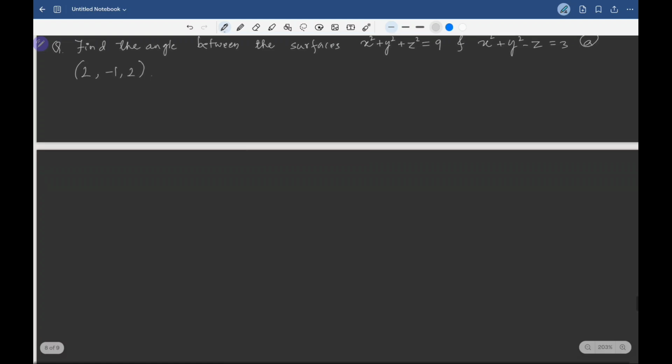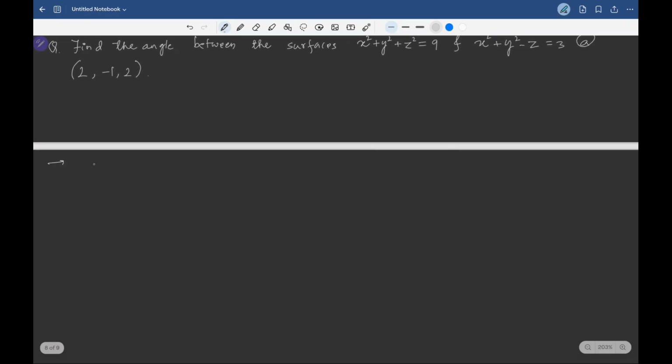So let's solve this. What is the first surface? The first surface is x squared plus y squared plus z squared minus 9 is equal to 0, and the second surface is x squared plus y squared minus z minus 3 is equal to 0.